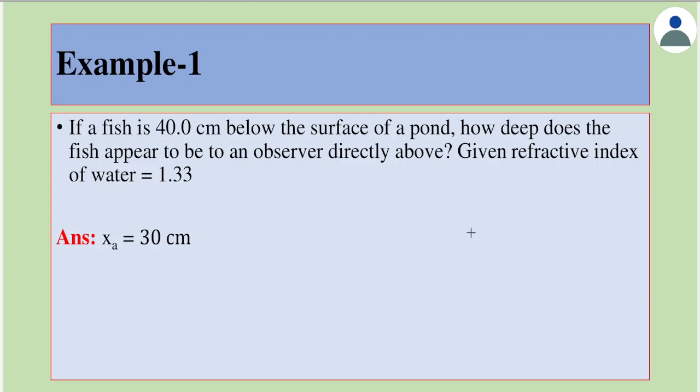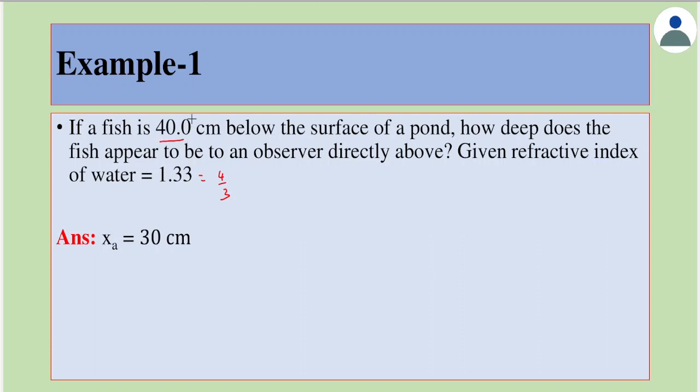Directly above means it's a normal shift, given the refractive index of water is 1.33, which is the same as 4 by 3. So here the fish is in water, and the question says, how deep does the fish appear to an observer directly above? So in this case, the fish, which is the object, is in the denser medium and the observer is in the rarer medium.